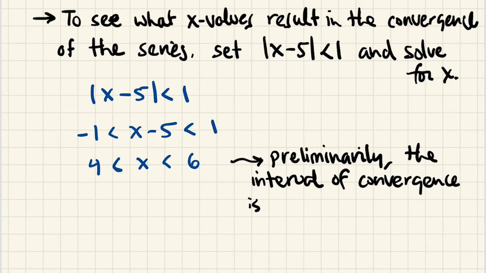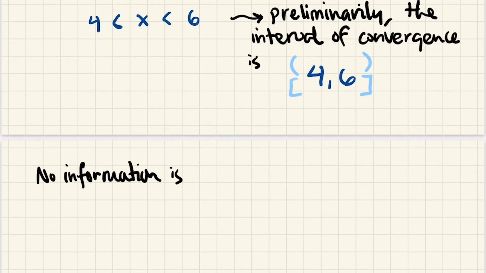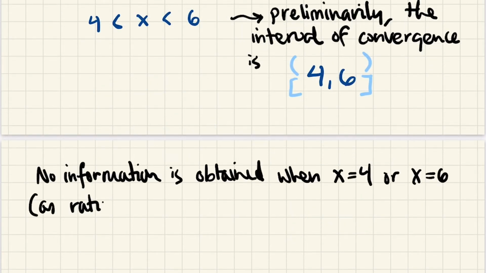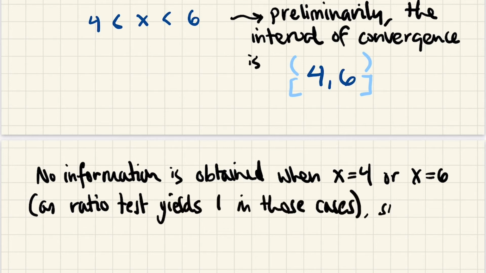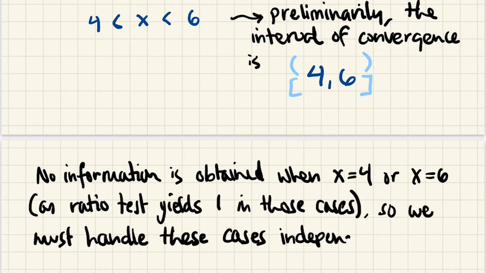So let's rewrite it as 4 and 6, but we don't know whether there are parentheses or brackets around the 4 and the 6. It could be all parentheses or all brackets or even a mixture. Parenthesis on one side and bracket on the other side. So this means we have to handle the cases independently.